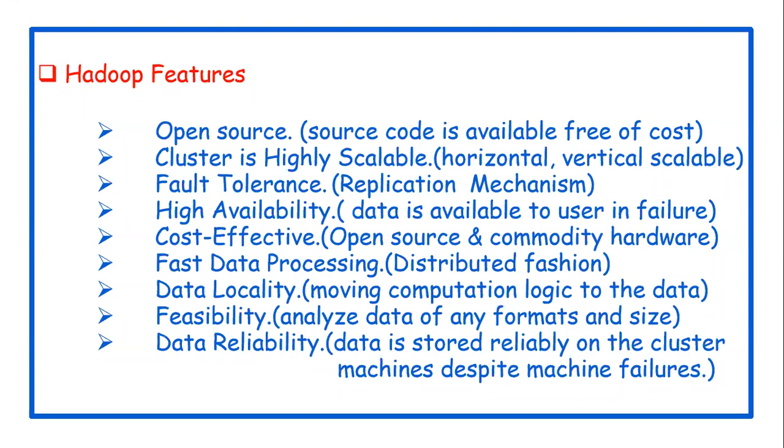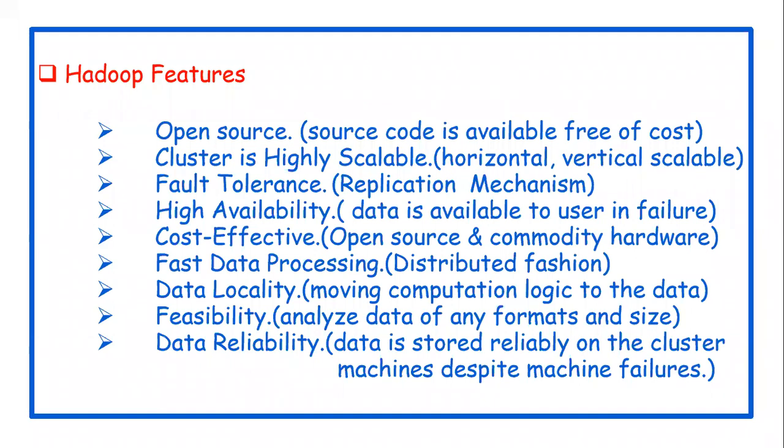That's why we introduced Hadoop, which has not only a storage component and a processing component, but also works in a distributed fashion. Everything happens in a distributed manner, so the work completes within the time.